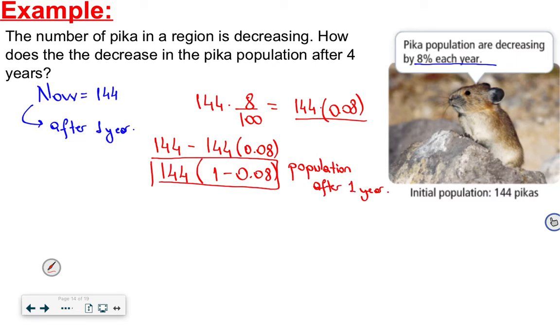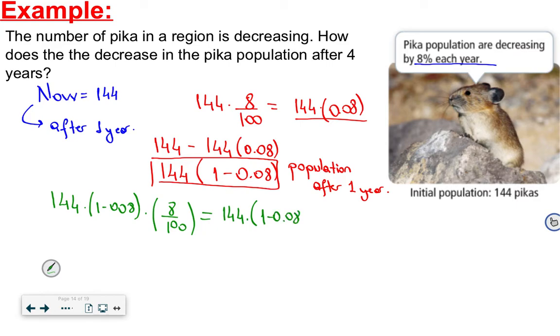What about the second year? What am I going to do? First, I am going to find 8% of this population. 144 times 1 minus 0.08 times 8% is going to give me how many more pikas are going to decrease after the second year. So you can say 144 times 1 minus 0.08 times 0.08.